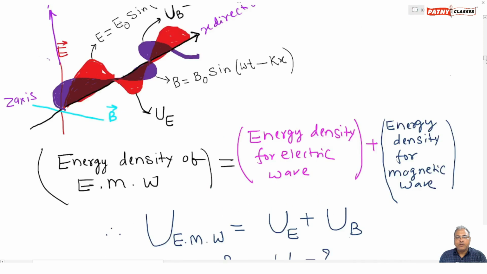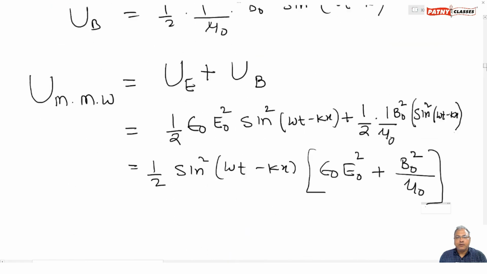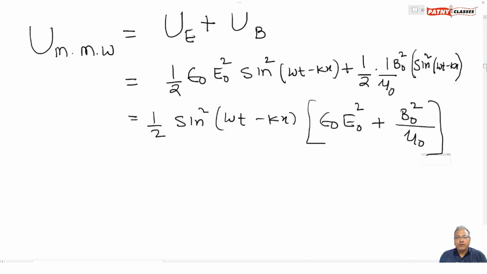Now, since the energy density of an electromagnetic wave is nothing but the addition of the energy density of the electric wave and the energy density of the magnetic wave, we have to add equation 1 and equation 2. So we get the total energy density for the electromagnetic wave as UE plus UB.